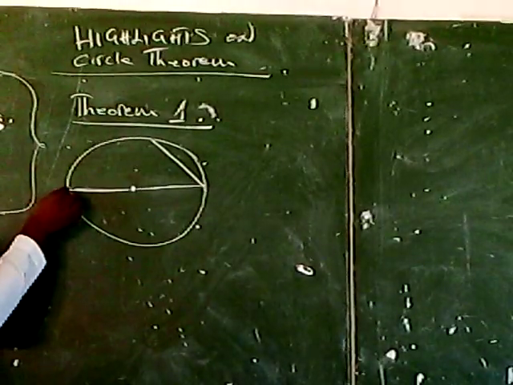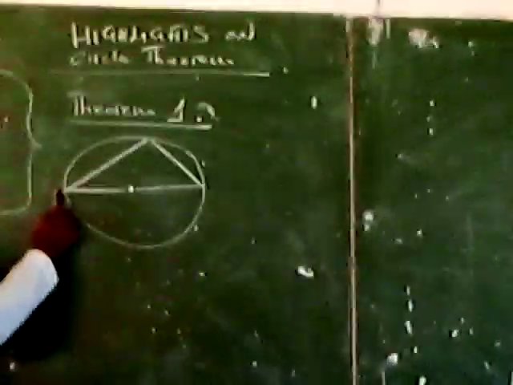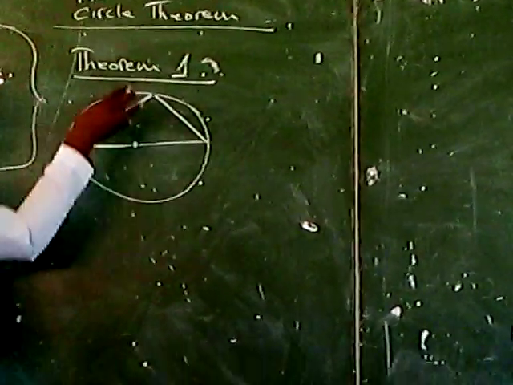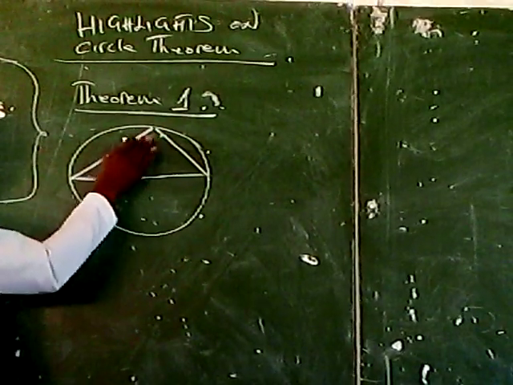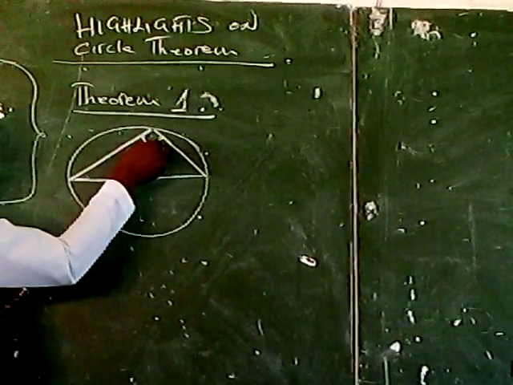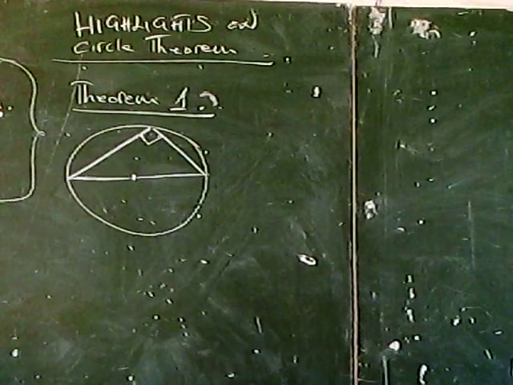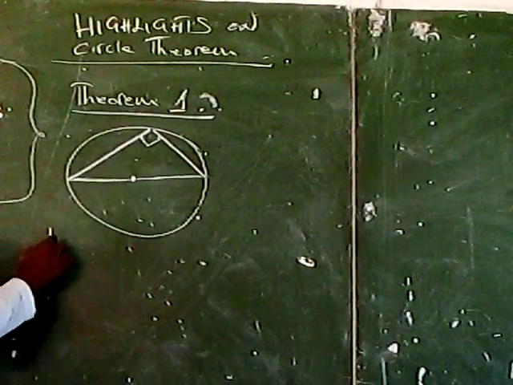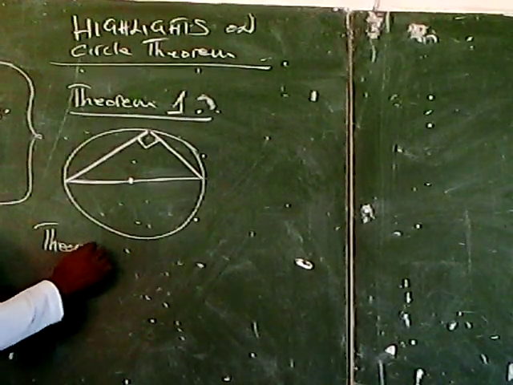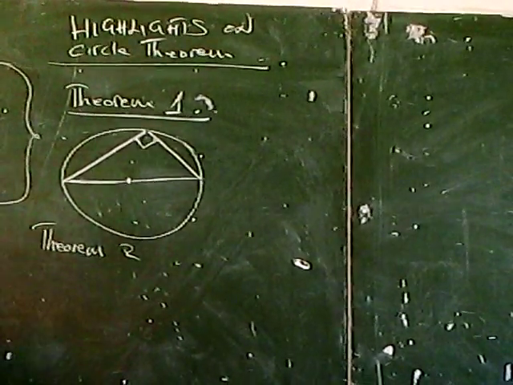That's what we mentioned. Take note, if you have got a chord, any angle that will be formed in that semicircle will actually equal 90 degrees. That's one of the theorems that we did look at. Quite interesting, right?